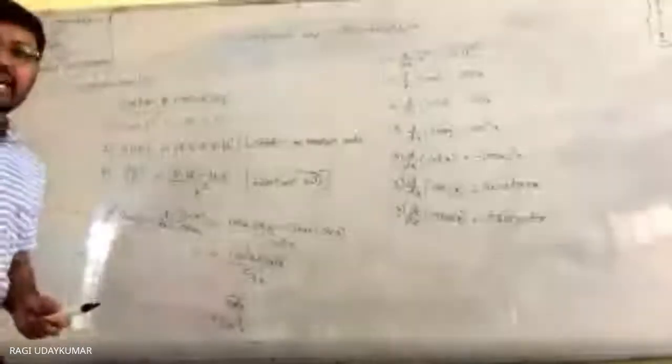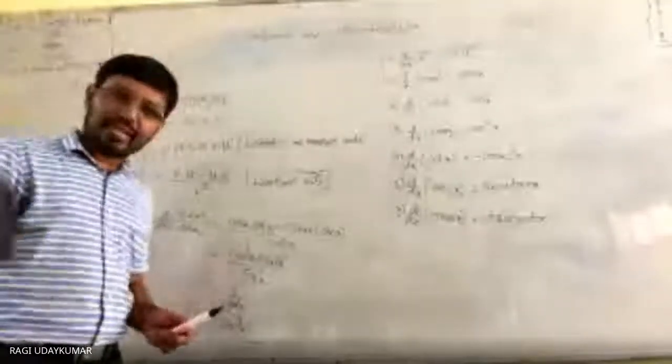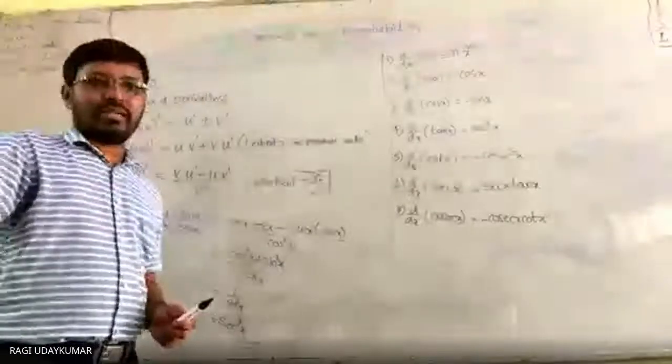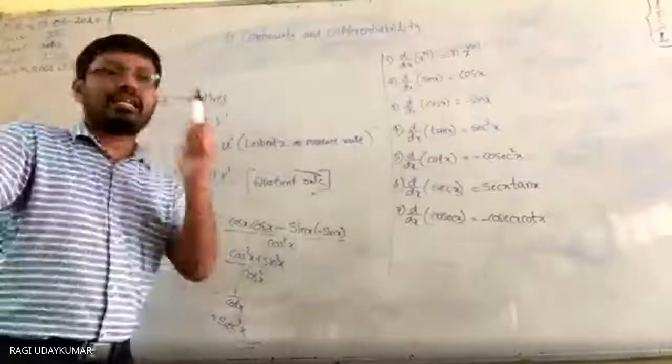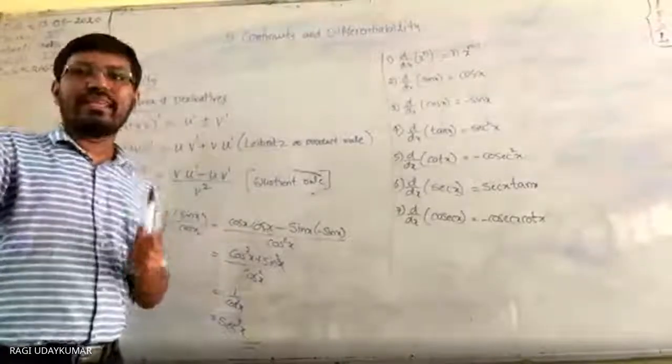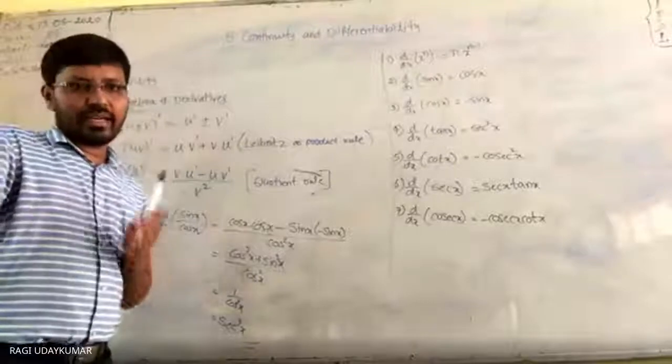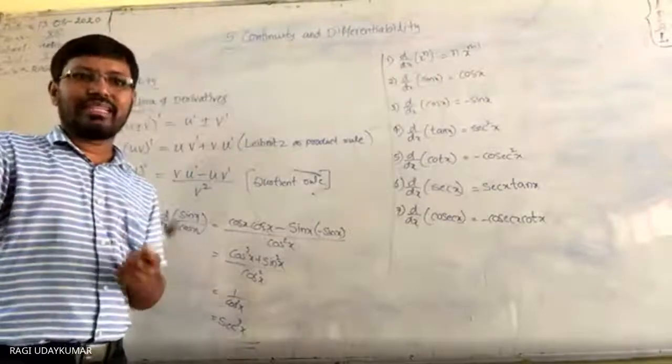Okay. So the next important theorem is that if a function is differentiable at a particular point, then it is continuous at that particular point. You may get this theorem in the examination also.